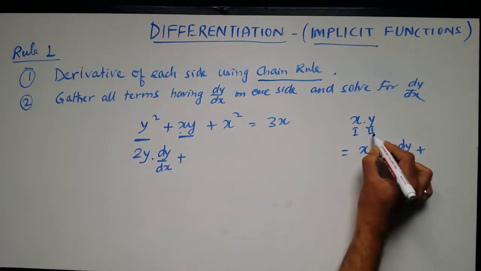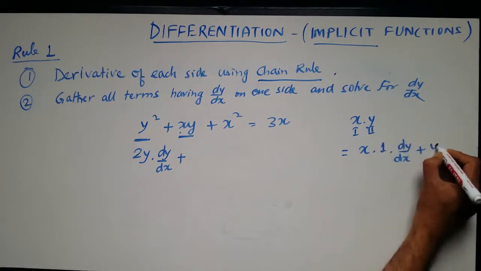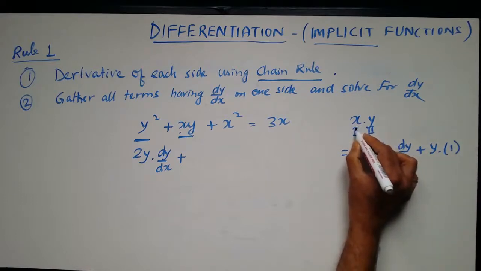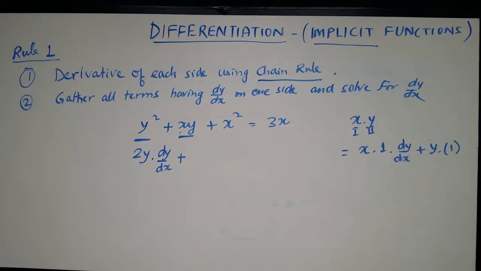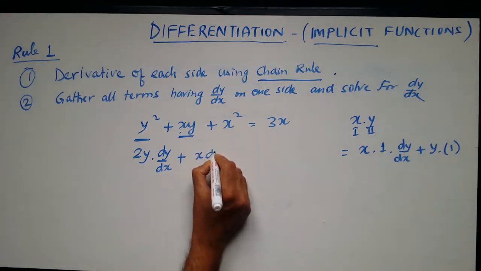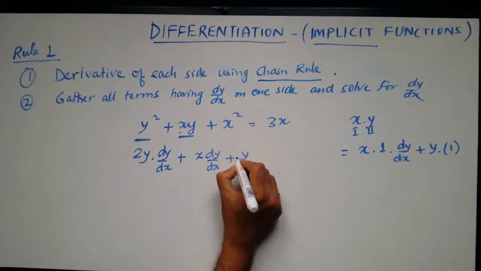Now again the product rule says plus the second function, that is y, into the derivative of the first function, that is 1. So we get x dy by dx plus y.